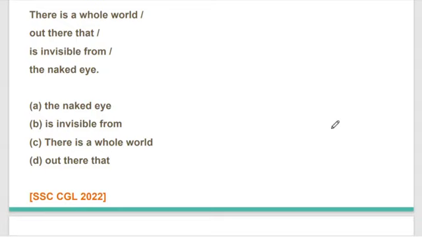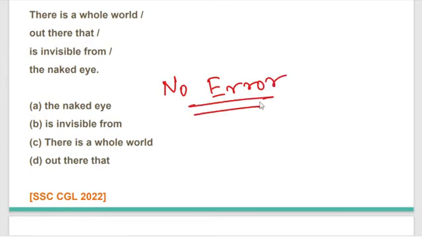Let me tell you that this sentence actually has no error, and the sentence is absolutely grammatically correct. So in this kind of situation, where the sentence has no error, we have to choose the option of no error. And if the option is not given directly, then a separate option will be given for no error or NA, and we have to choose that option. So this sentence is absolutely correct with no error. Moving to the next question.